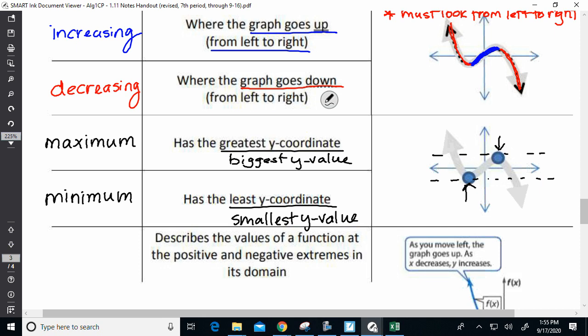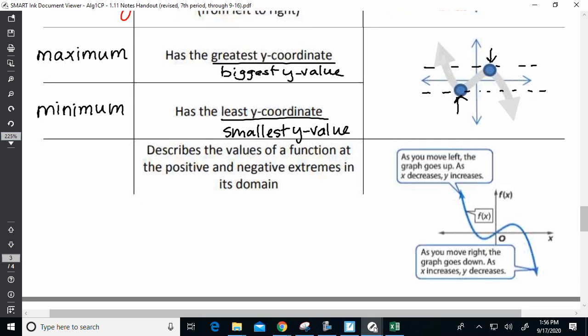And then the last definition, describe the values of a function at the positive and negative extremes of its domain. So basically, when it asks what's happening, what are the two arrows doing?